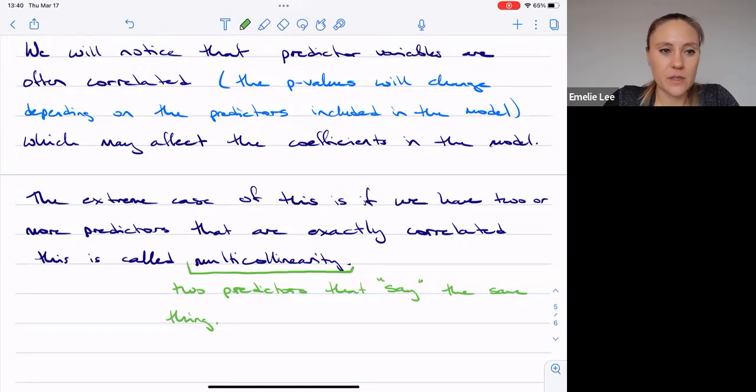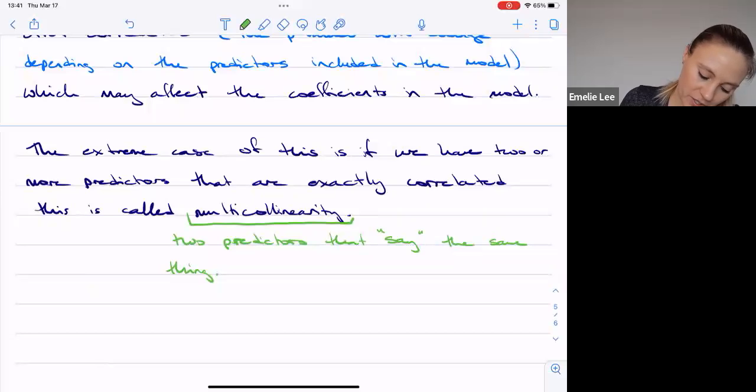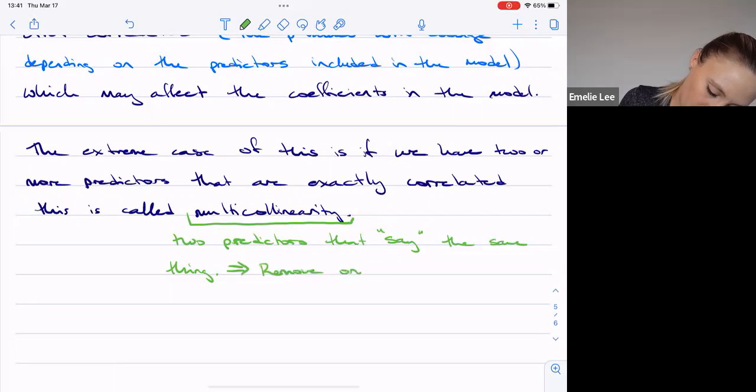So that's multicollinearity, and usually you have to find which variables are perfectly correlated in that case, or if you have something that's extremely highly correlated, you might think twice about including them. So then you would want to exclude one, right? Two predictors that say the same thing: remove one of the redundant variables from the model. Good.